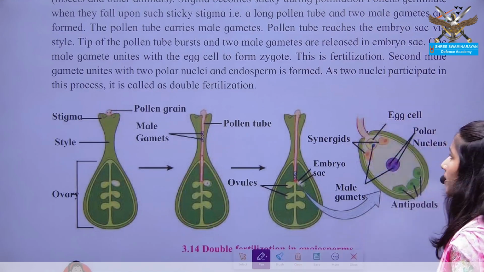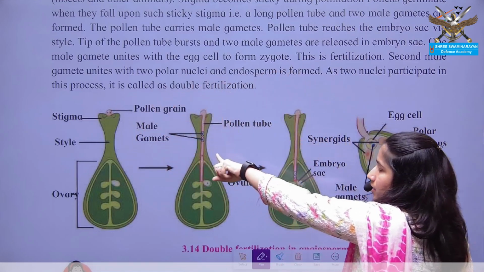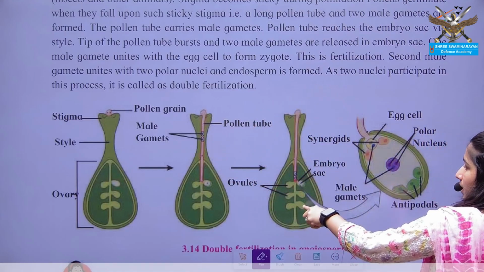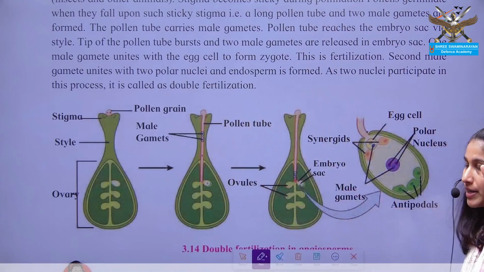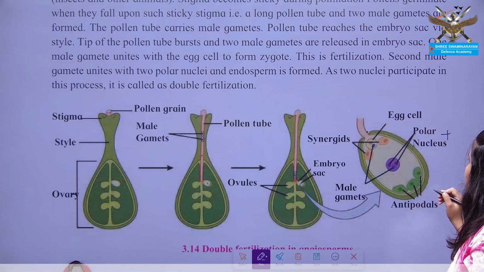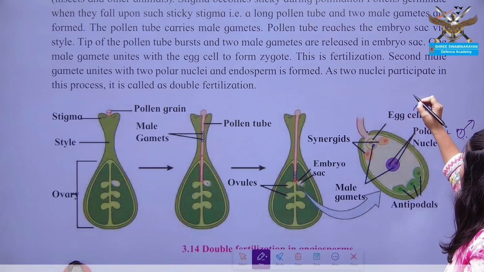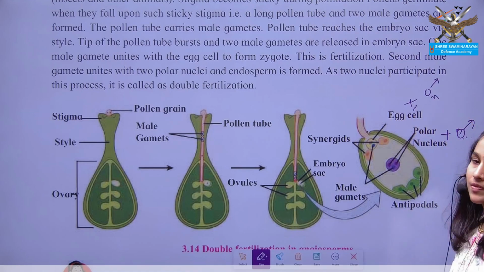Okay, so whenever the pollen grain comes to the stigma, it germinates, and the pollen tube reaches the ovary. The pollen tube contains two male nuclei, out of which one male nucleus fuses with the polar nucleus, and one fuses with the egg cell.